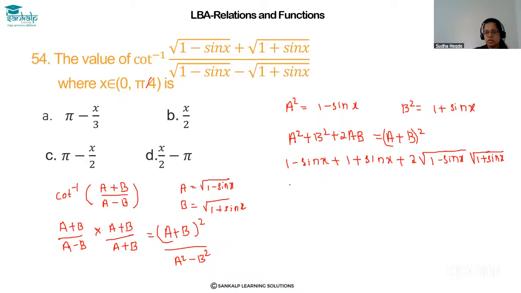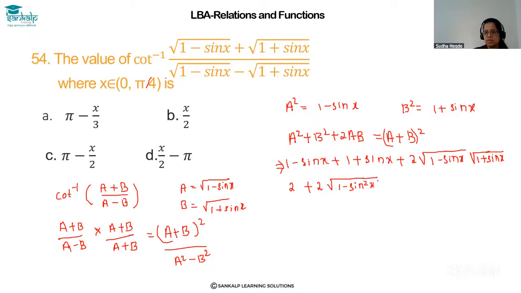So this is 2 times, sin x minus sin x cancels, 2, 1 minus sin x into 1 plus sin x, it is 1 minus sin square x.